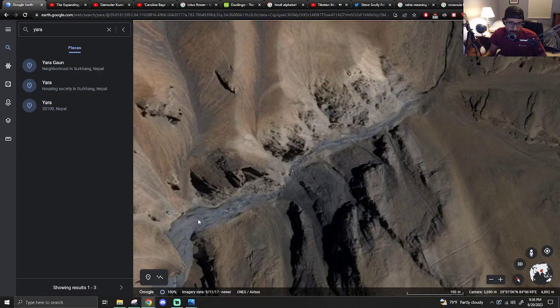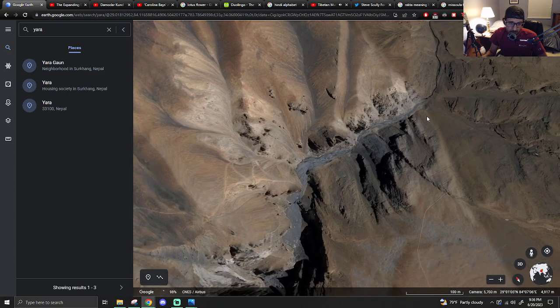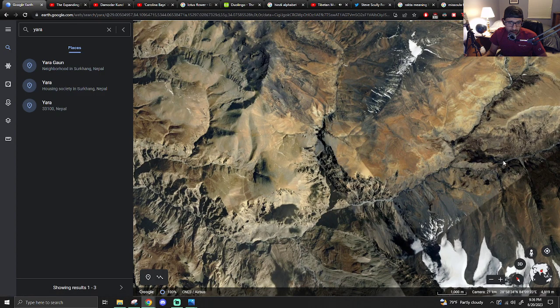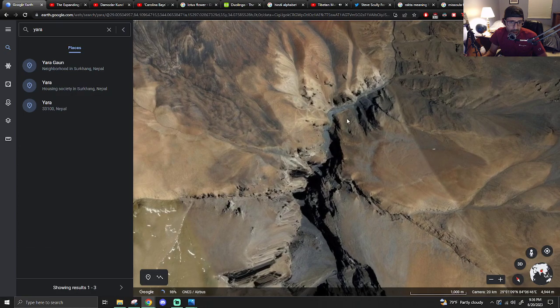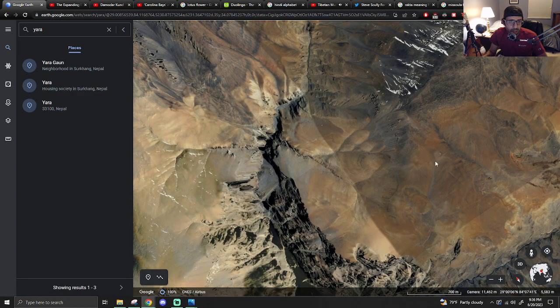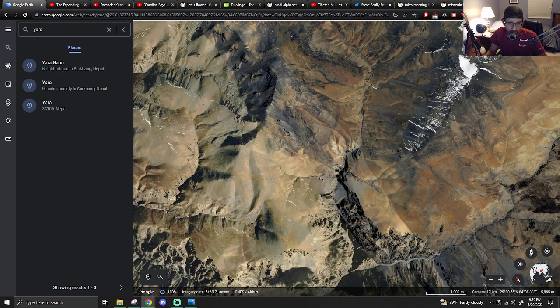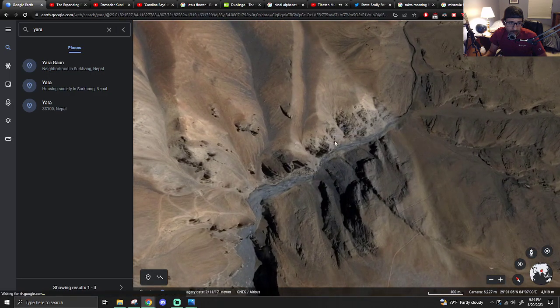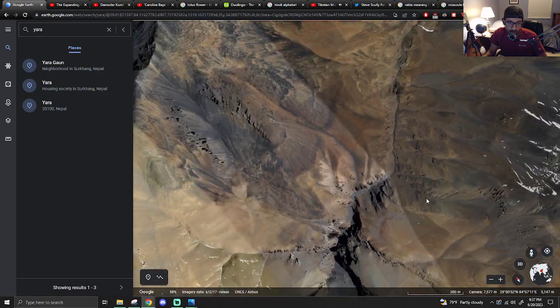Yeah, it's going this way. And I guess it's also coming across here, just across this. Possibly even down from here, into it that way. That looks even more like it.